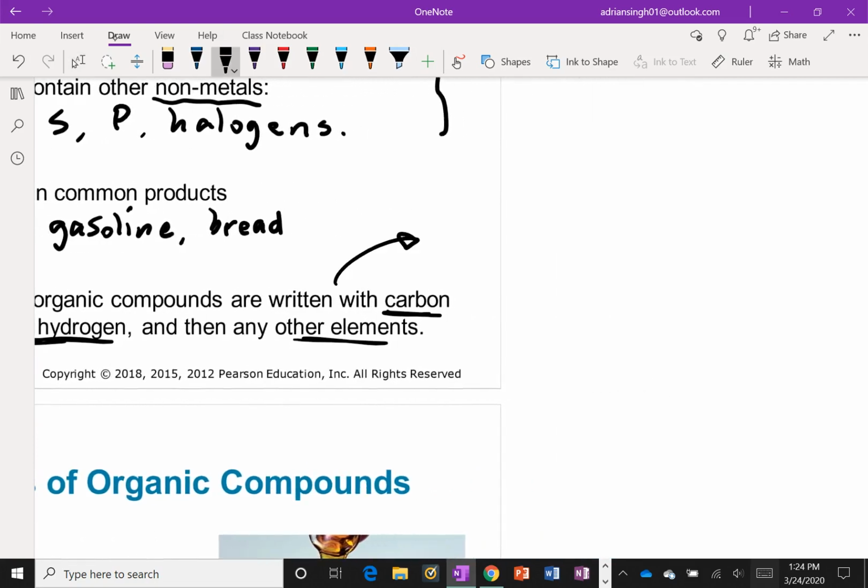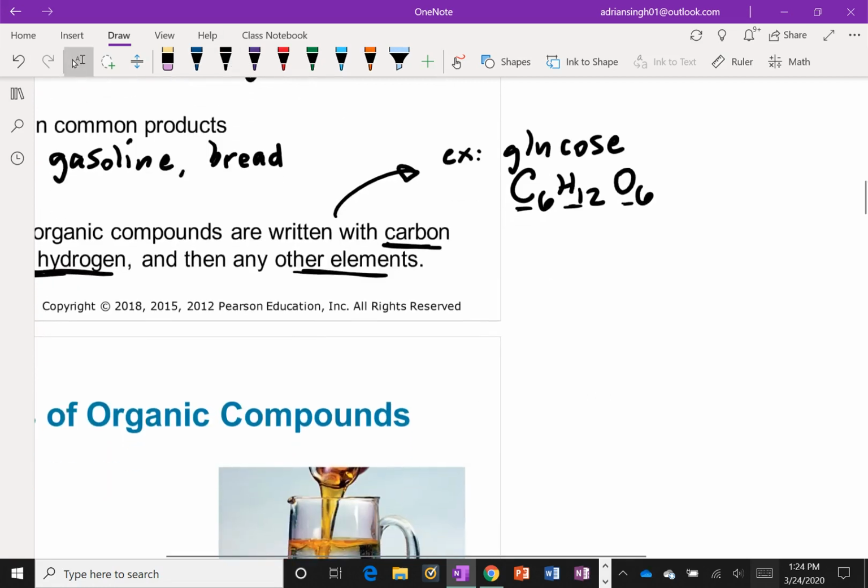So for instance, glucose, which is an example of a sugar, has the chemical formula C6H12O6. This is an organic compound. There's carbon, there's hydrogen in it, and then there's also oxygen.